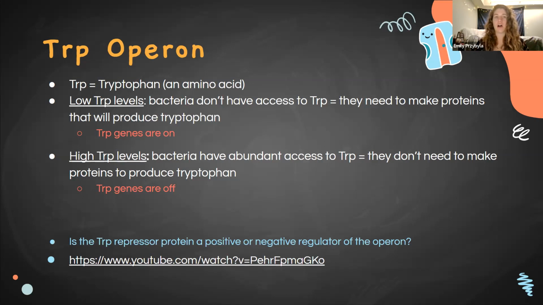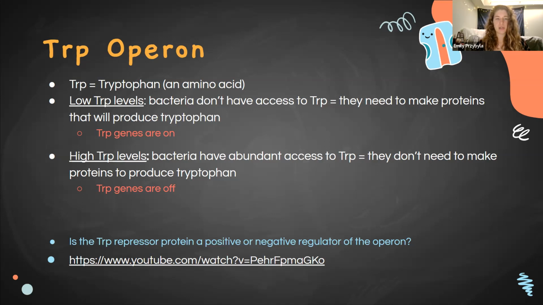That's when the genes are on, that's when the operon is on. If we have high tryptophan levels, the cell doesn't need tryptophan. So it would be a waste of energy if we were making the proteins required for tryptophan. So in this case, the operon would be turned off.